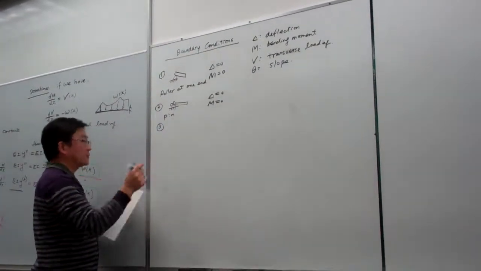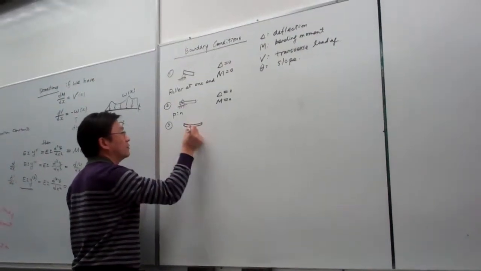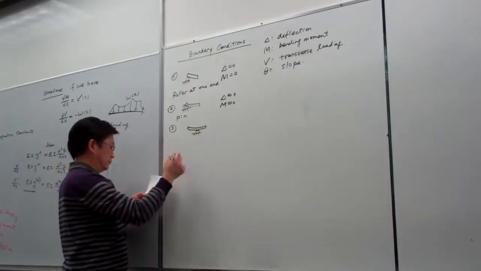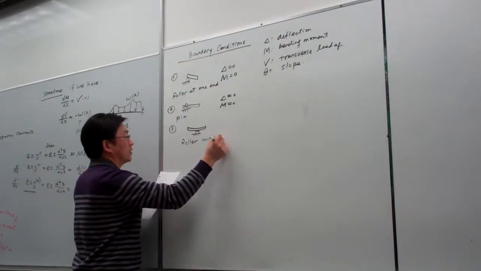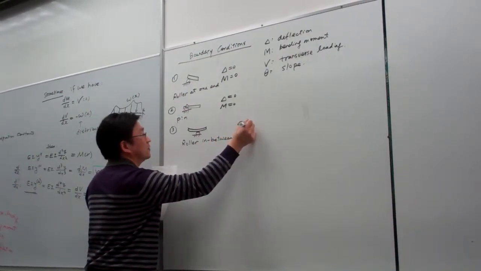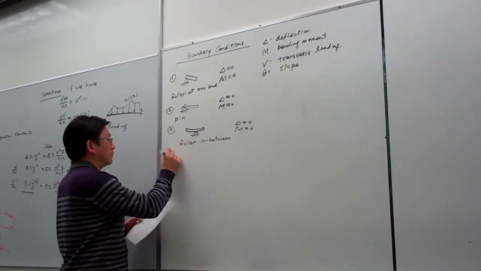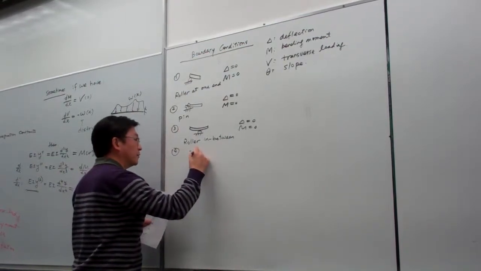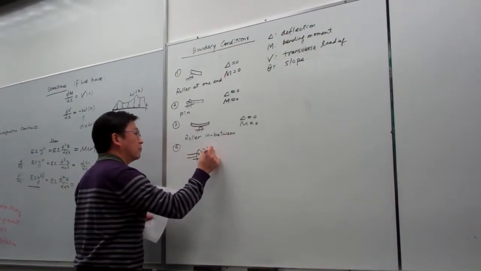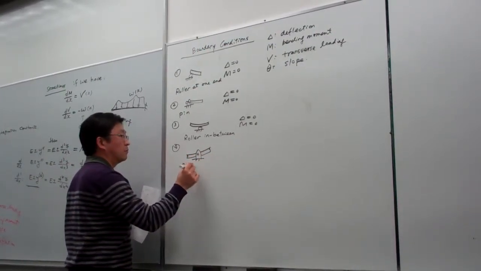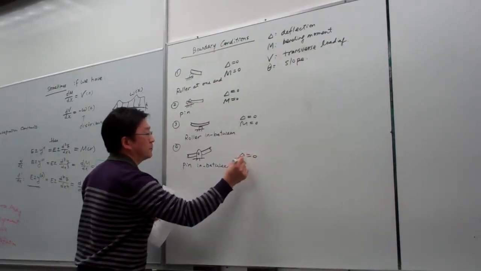The third one is the simply supported, maybe in the middle, the roller in between the two ends. The same thing, this one has those boundary conditions. And for the fourth one, we have the pin in between, the same thing here.